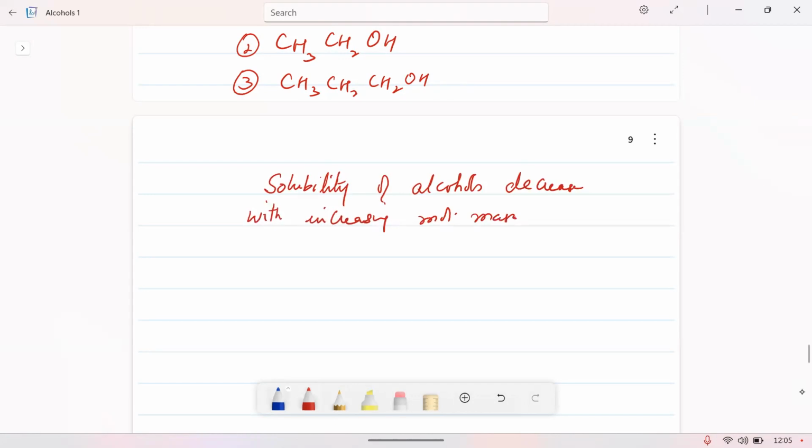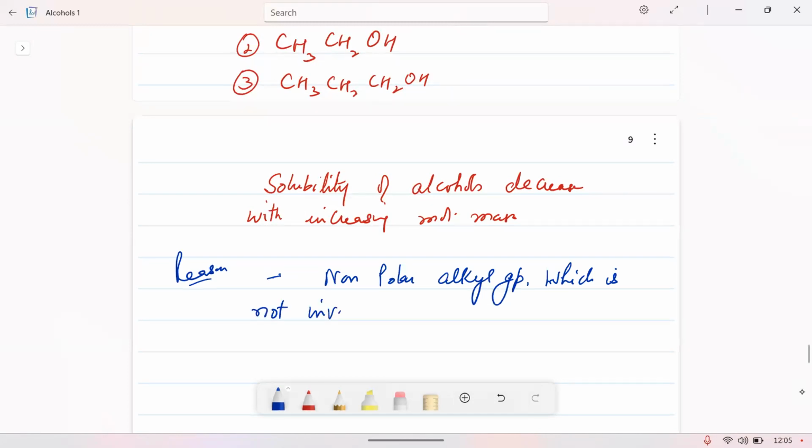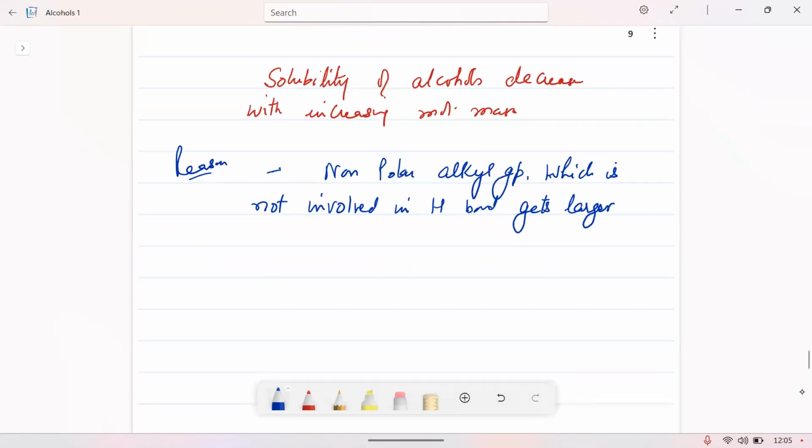And the reason for this is the non-polar alkyl group, which is not involved in hydrogen bonding, gets bigger or larger. Therefore, the percentage of hydrogen bonding becomes less or weak.